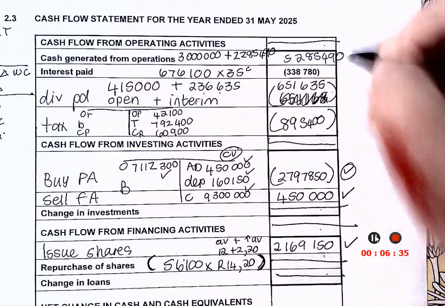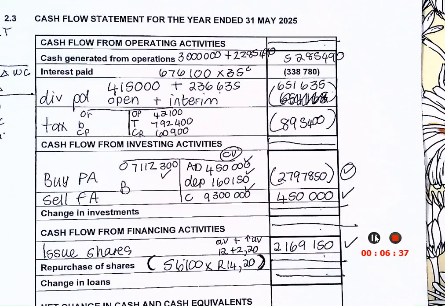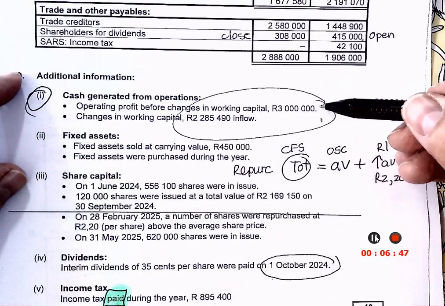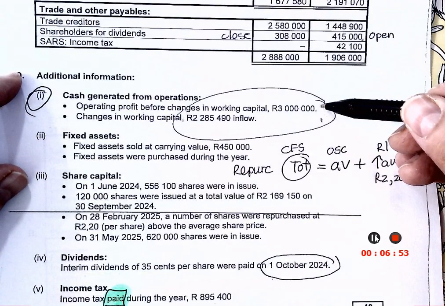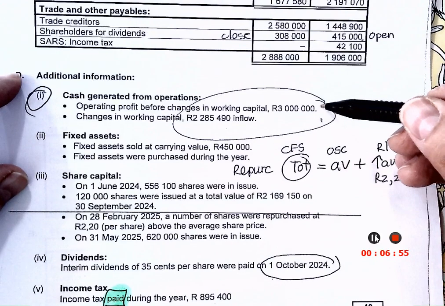If it was an outflow of cash, it would have been negative. Okay. Why are you getting the 3 million? Yeah. Okay. Are we happy?